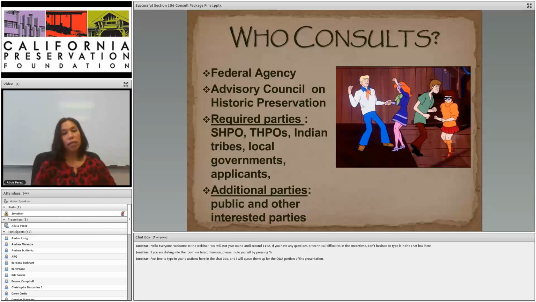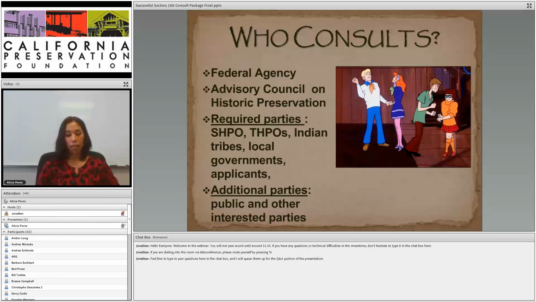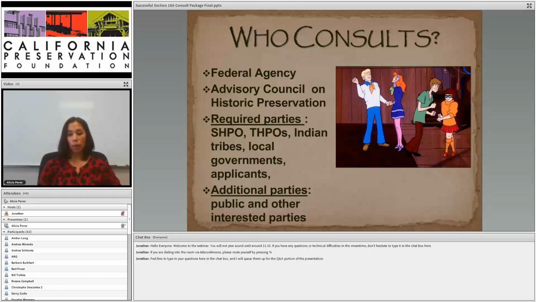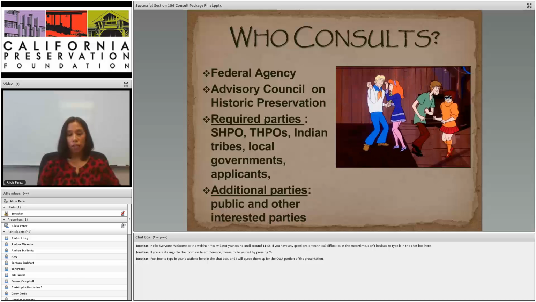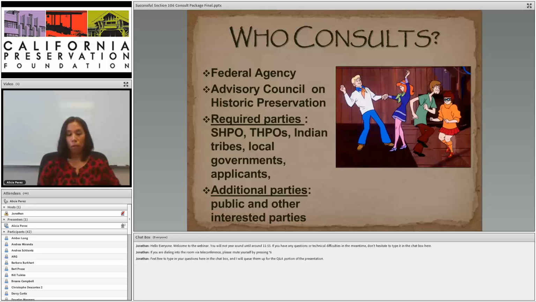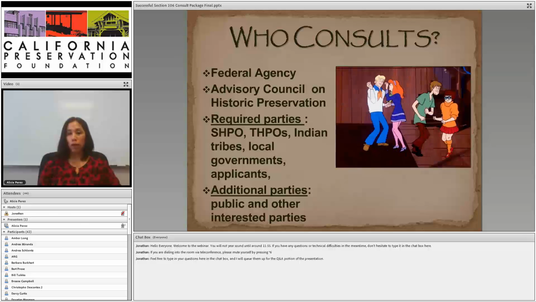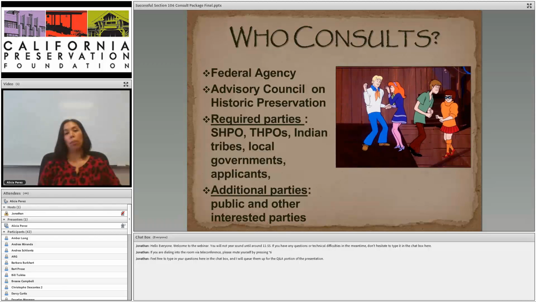In some cases, the lead agency can formally delegate the Section 106 authority to another party, such as a state, local, or tribal government through legislation. For instance, the Federal Highway Administration has delegated legal authority to Caltrans to comply with Section 106.